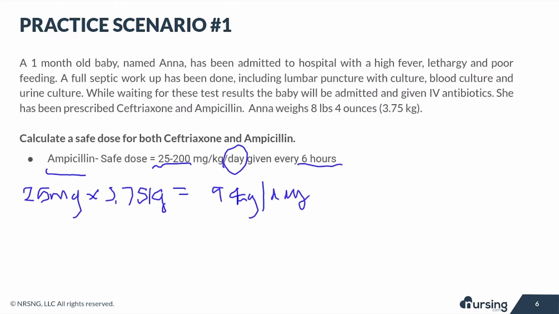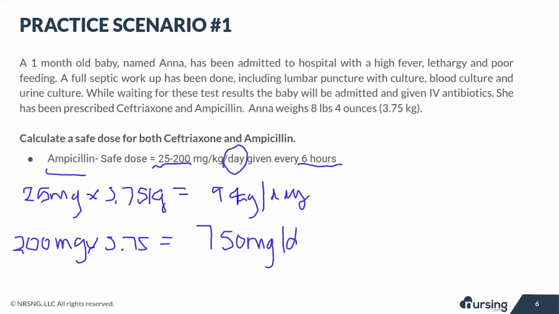Now, moving up to the higher range, we're going to calculate 200 milligrams times 3.75. For the higher end of the dose, she could have 750 milligrams per day. Okay, so the next step here is to realize that Anna needs to get this medication every 6 hours.